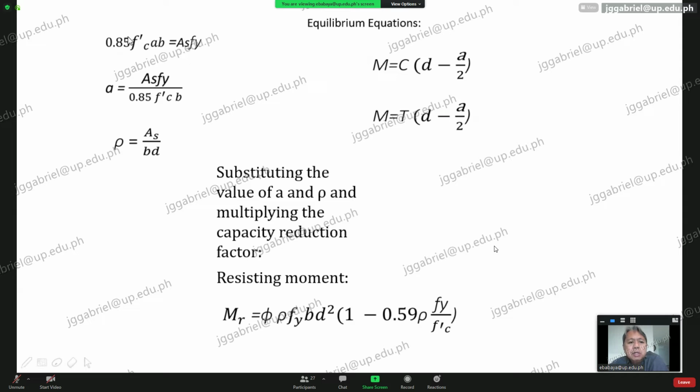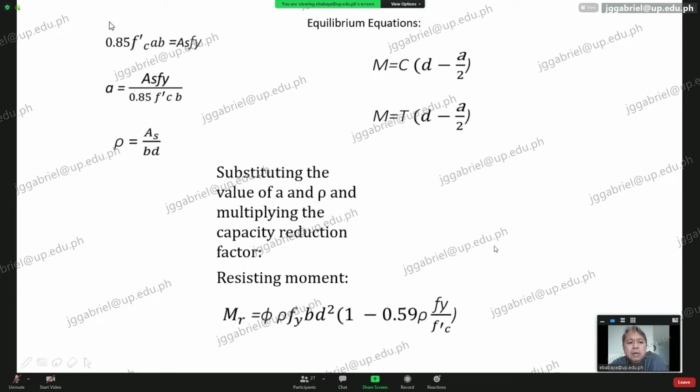Now, since our assumption is they are equal, the stress block for our compression would be this, and then the force here would be the total area of your reinforcements times the yield stress.